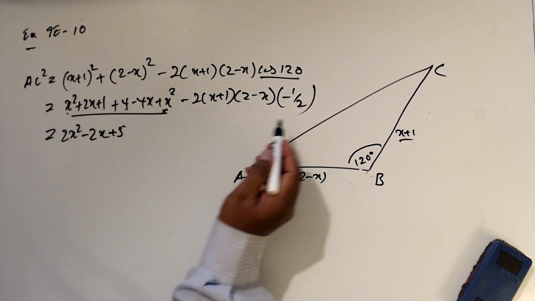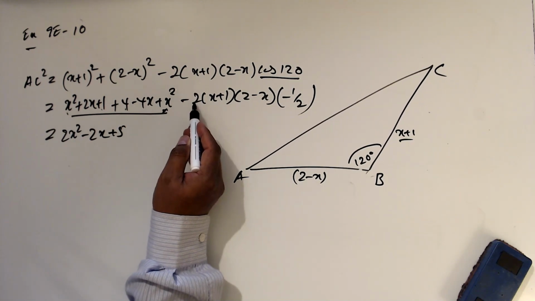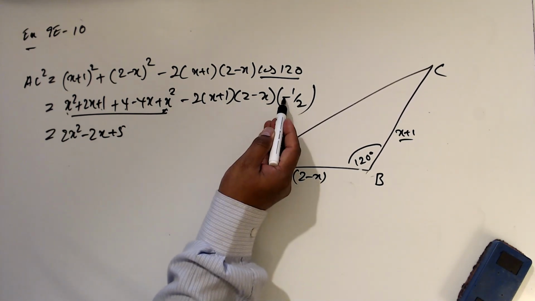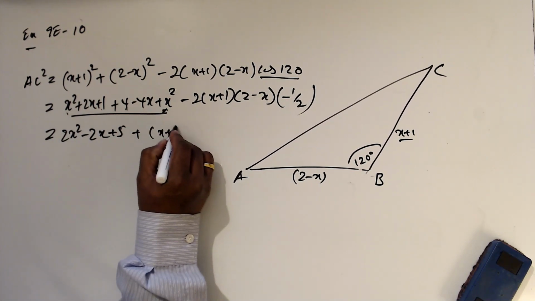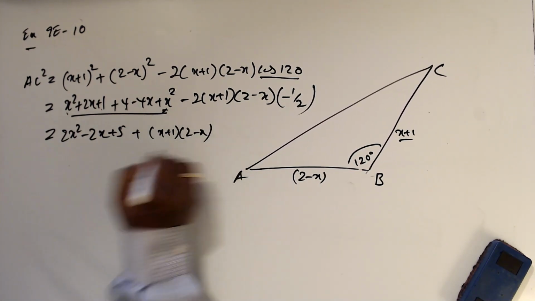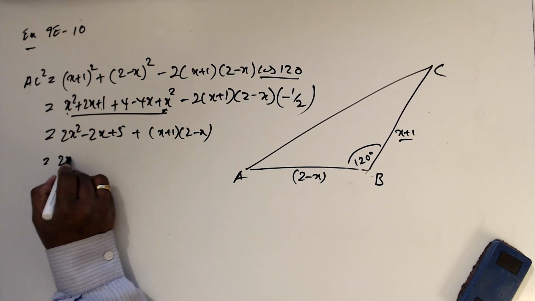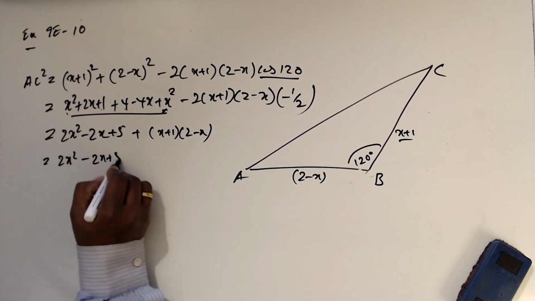Now this 2 and this 2 cancel out and minus becomes plus. So plus x plus 1, 2 minus x. Now 2x square minus 2x plus 5.